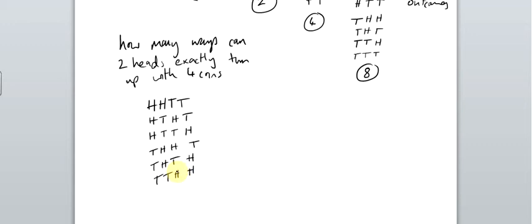So there we go. Those are our options, and there's 6 ways of doing it. So out of those 16 different combinations of 4 coins, 6 of them have exactly 2 heads. So it's 6 out of 16. That is our probability.